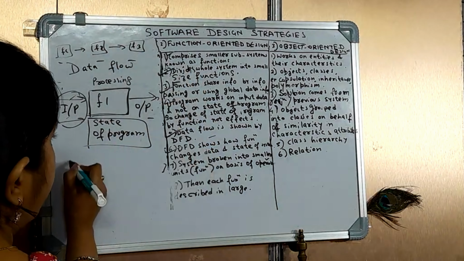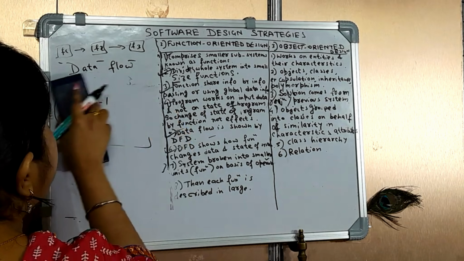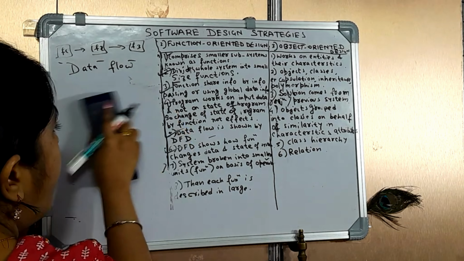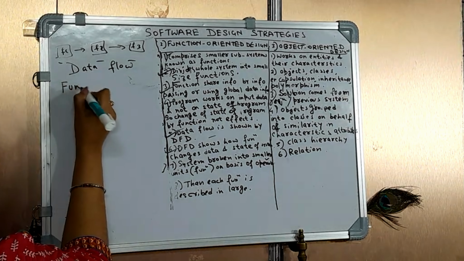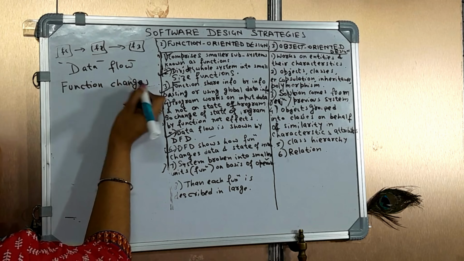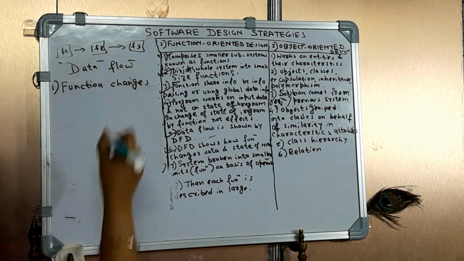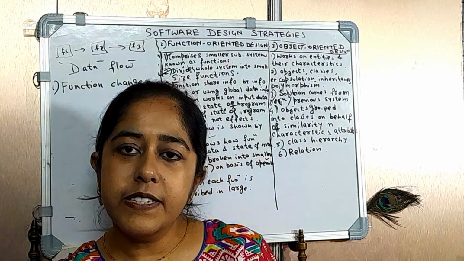Now we were talking about DFD, the data flow diagram. What does this DFD show you? Data flow. Second, how the function changes: how your function changes from this function to this function, which function you are working upon at a particular instant of time.